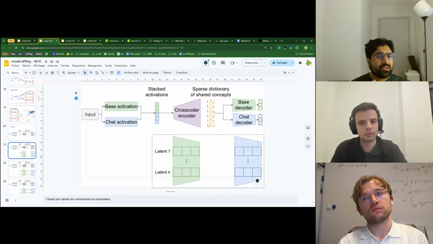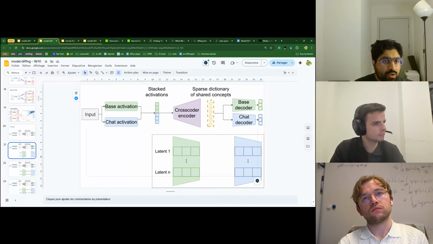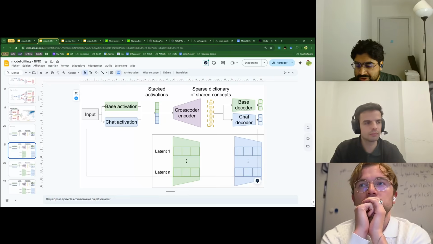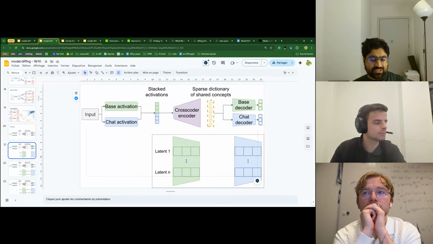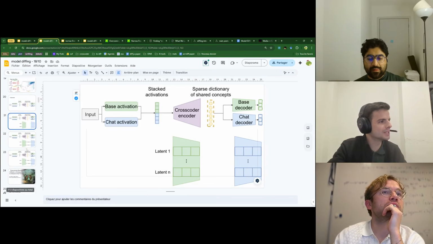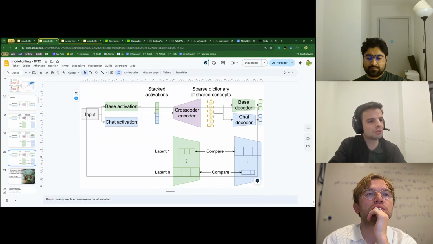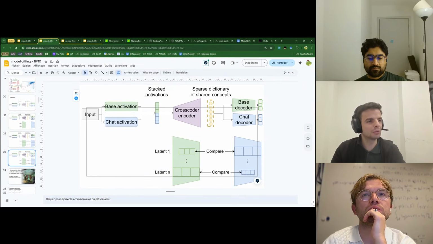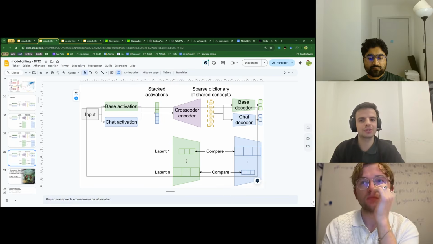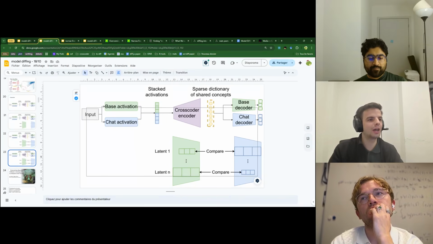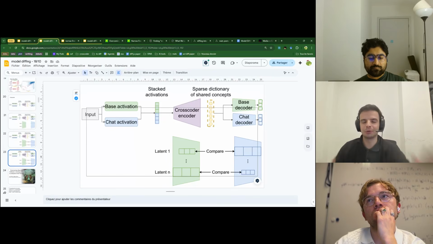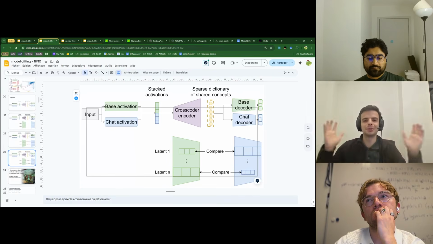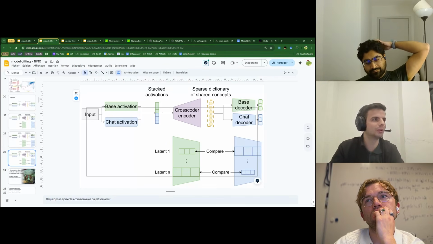Sounds great. All right. So what do people want to do with crosscoders, and why did you decide to do a project? So this is this thing, right? If you compare the norms, then you will find when you train your crosscoder that some concepts have a 0 norm in the base model decoder, and so you could be like, hurrah, we found the things specific to the chat model.